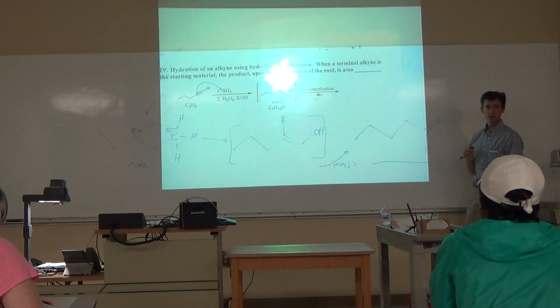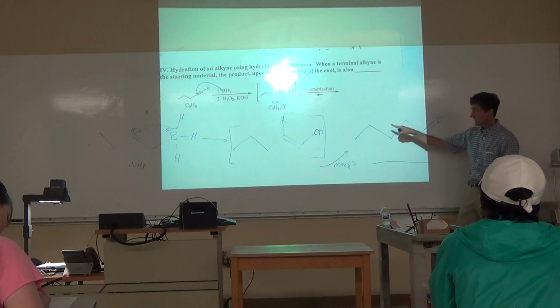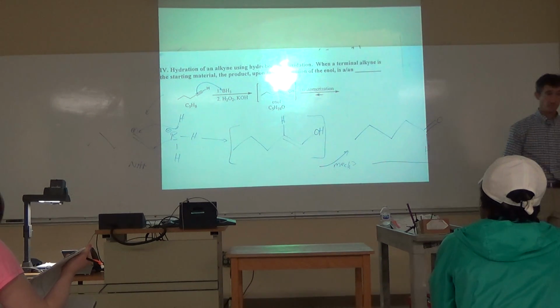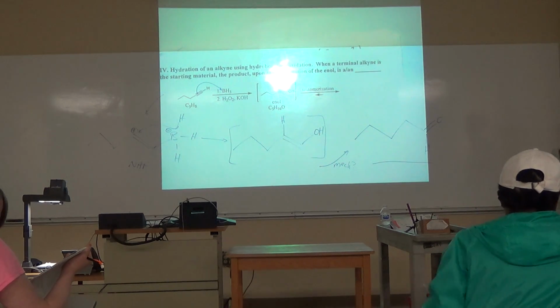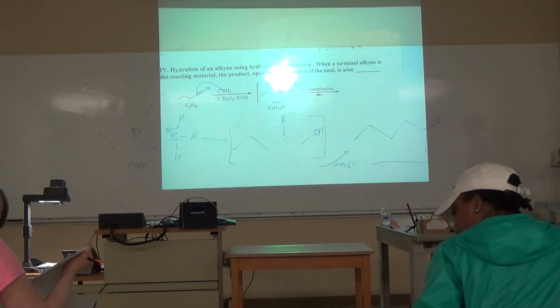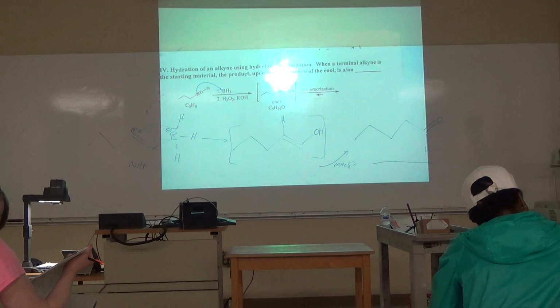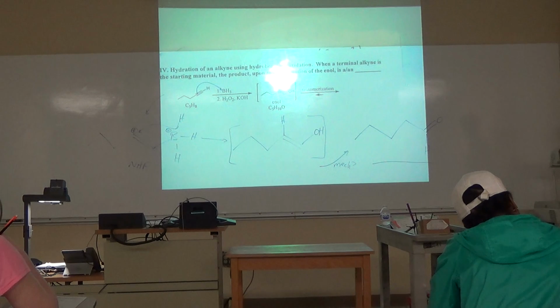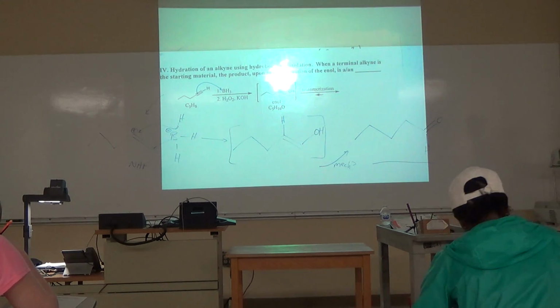Where is that H now? It's on this carbon, because that carbon only has one there, there's two here. So at this point, I expect you all to figure all that out and make sure it's clear in your mind.